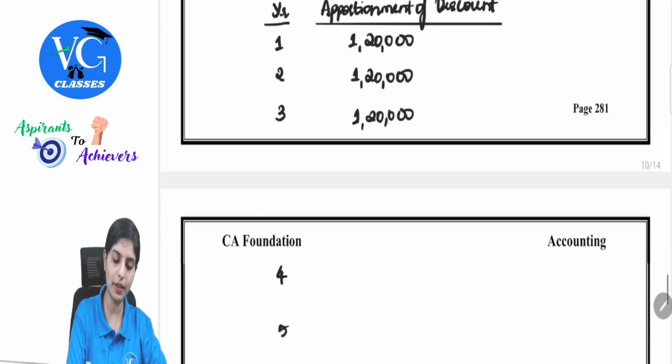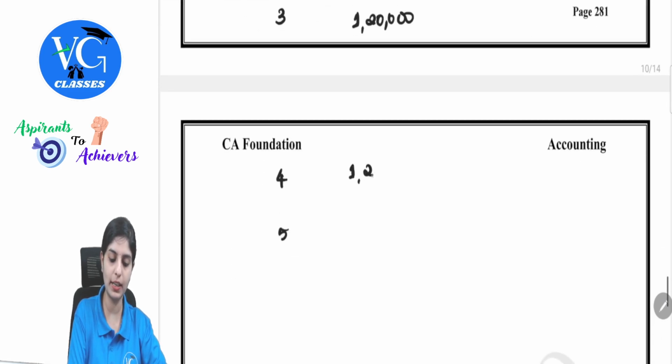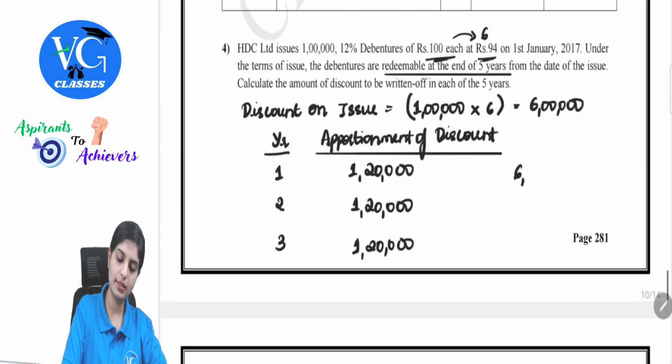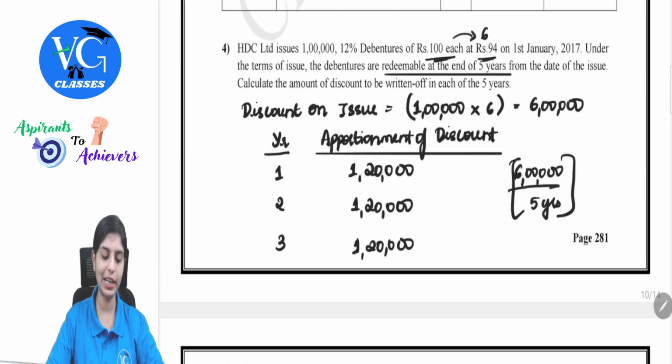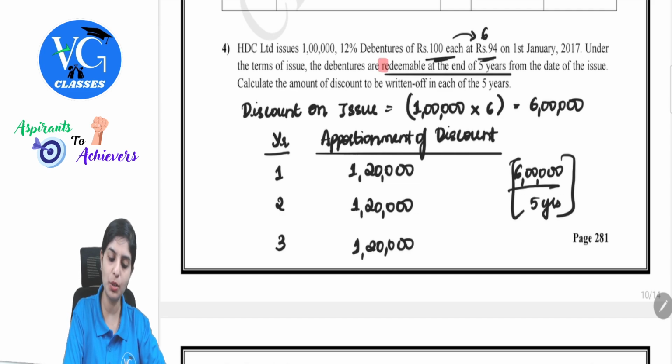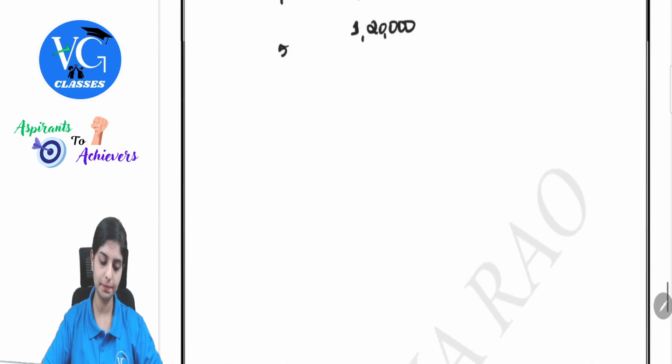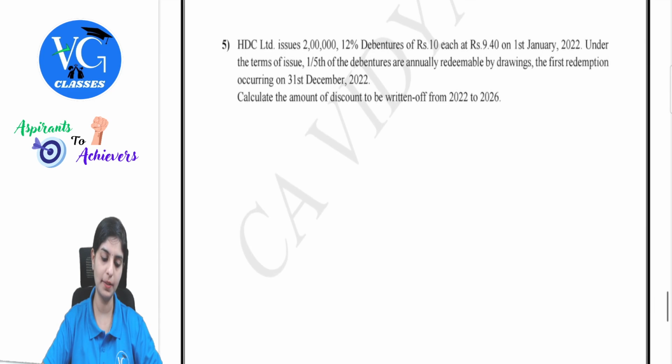So how did we get this? 6 lakh divided by 5 years. This becomes very important for you to interpret from the wordings. Why did we do it in this format? Because it is redeemable at the end of 5 years. Clear with this? Yes. Next question.